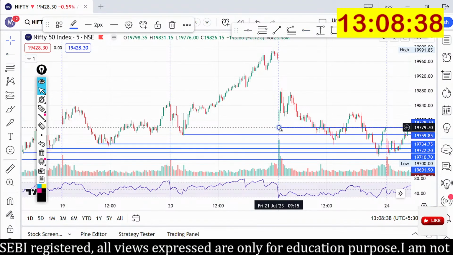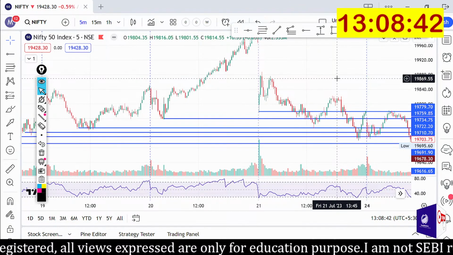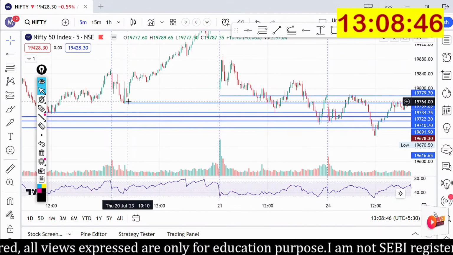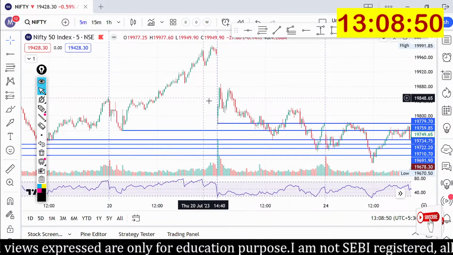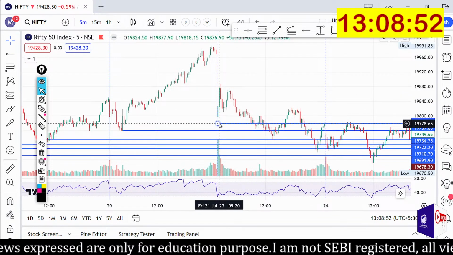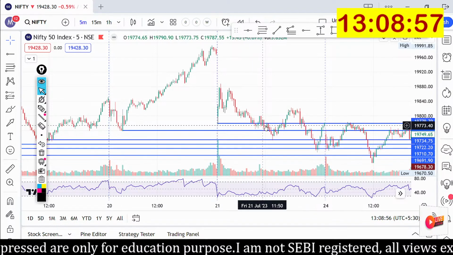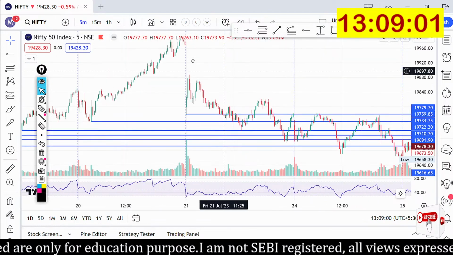Now you tell me how you identify this. These swings it was holding, right? Higher lows. Till this point, it was a higher low, higher low, higher low. What has happened? This low is broken. I know my trend has changed.